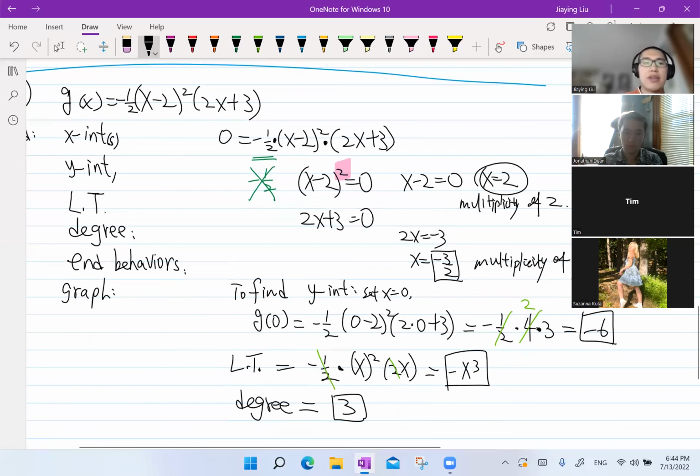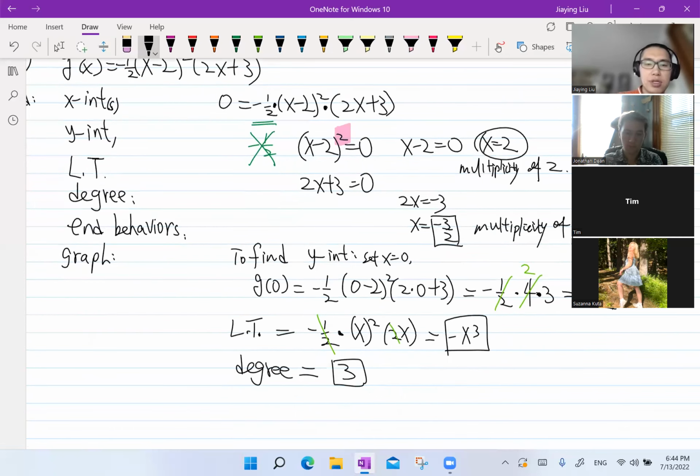And from the leading term, I can figure out the end behavior. We have -x cubed. If you're familiar with the graph of -x cubed, the graph goes to infinity on the left and to -infinity on the right. The two ends point in opposite directions, with the left side going up and the right side going down. That's the end behavior for -x cubed, and it's the same for this polynomial function.